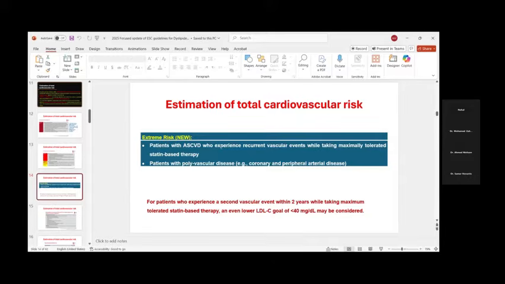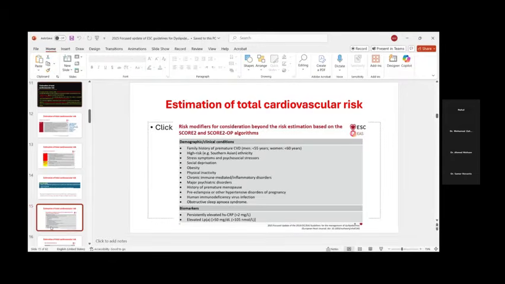Patients with atherosclerotic cardiovascular disease who experience recurrent vascular events while taking a maximally tolerated statin-based therapy, or patients with polyvascular disease, coronary and peripheral arterial disease. These patients are classified as an extreme risk category, and the target LDL in this category is lower than 40 milligram per deciliter.